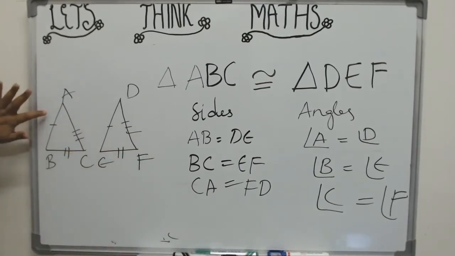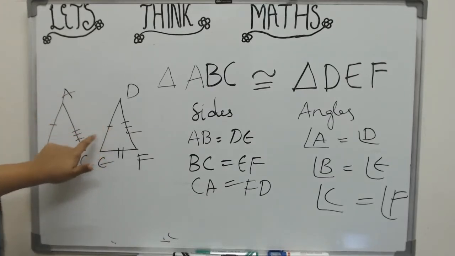So see, whichever lines, you can see which all lines are equal by noticing how many cuts are on it.